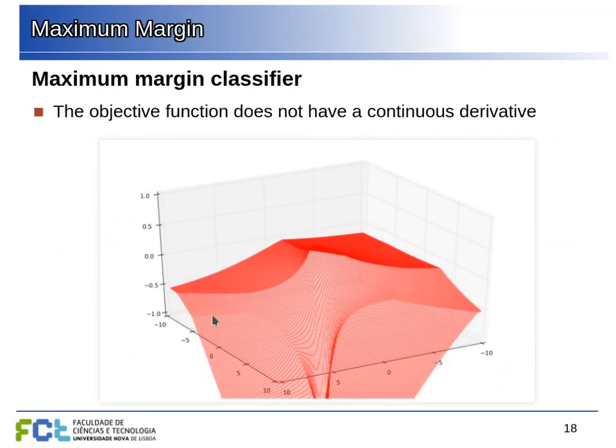So if we look at the loss function that we're trying to maximize here, this would be the smallest distance between the closest points and the discriminant, and we want to find the maximum of this. So a set of parameters in our model that maximizes the distance to the closest points. But since the closest points keep changing, this function has discontinuous derivatives.